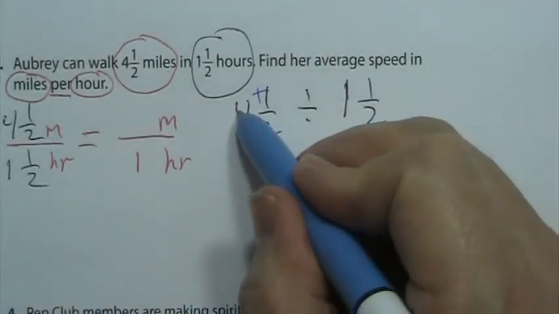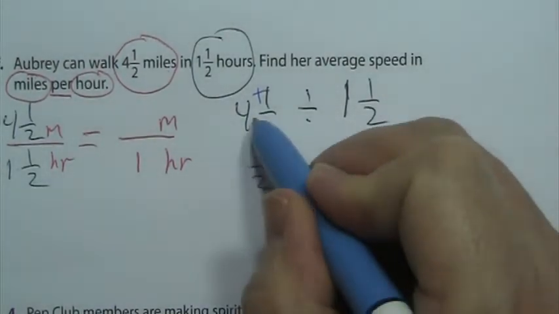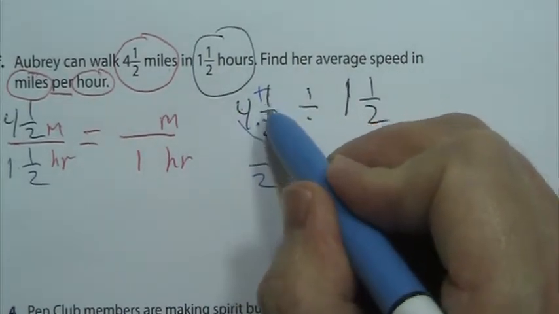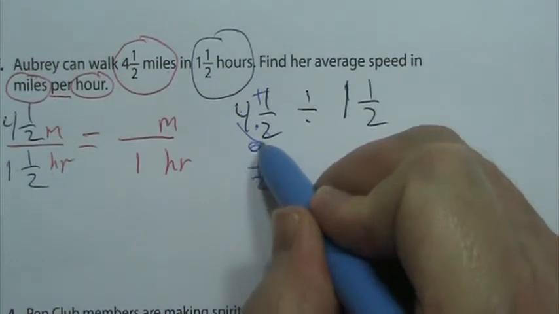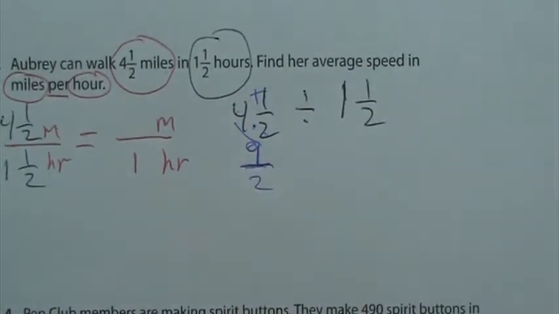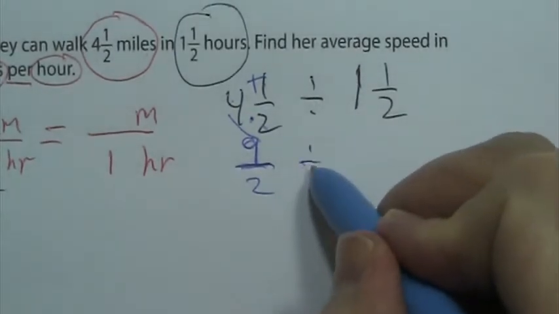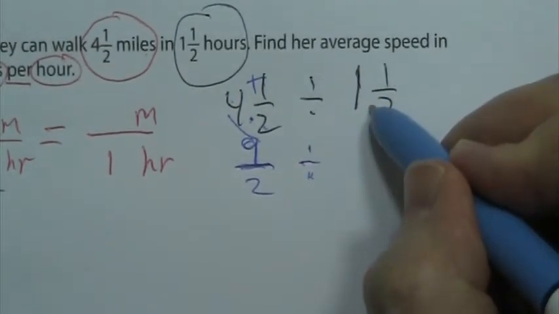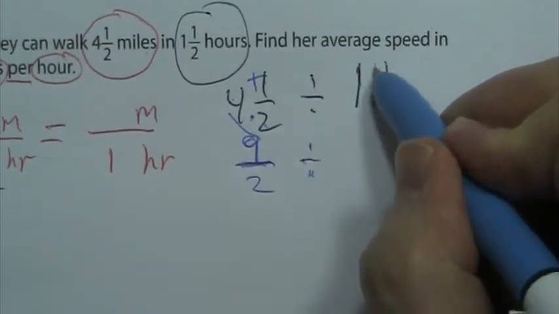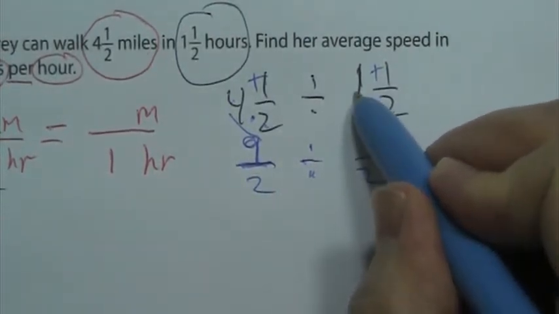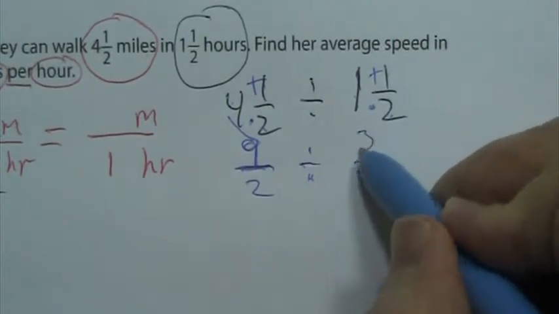So 2 times 4 is 8 plus 1. 8 plus 1 makes 9. And then I'm just keeping it divide for right now. And then this, you don't have to. You can wait if you want to. 2 times 1 is 2, plus 1 is 3.